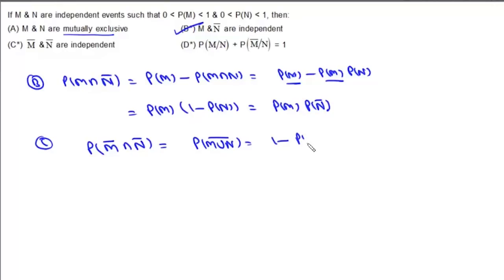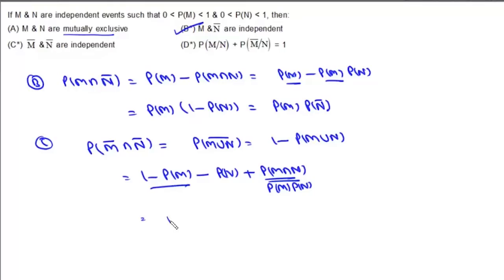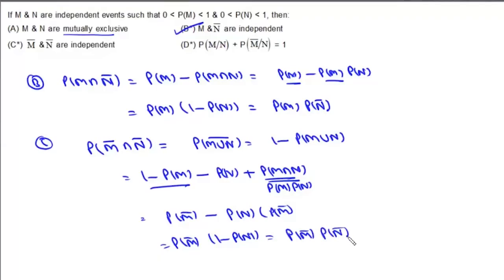So this is 1 minus probability of M union N. Now this is 1 minus probability of M minus probability of N and then plus probability of M intersection N. Now M intersection N is probability of M into probability of N. Now here this is PM naught, and here if we take PN common, it will be again PM naught. Now if we take PM naught common, it will be 1 minus PN. So it will be PM naught into PN naught, and that means this option C is also correct.